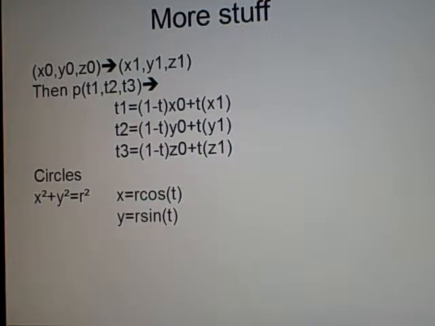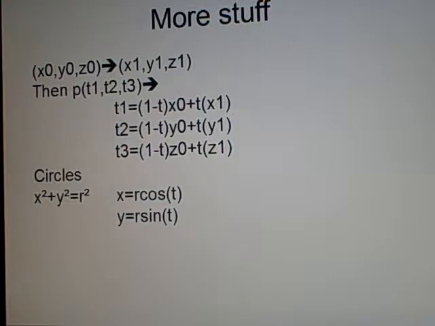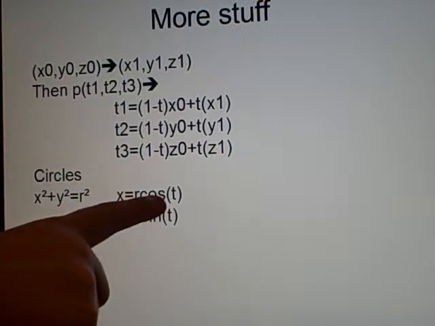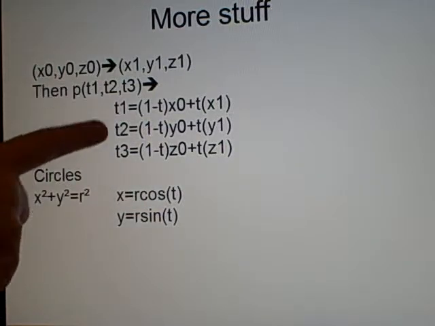For circles, you lay it out as x squared plus y squared equals r squared, where r is the radius, and for our parameterization we have p of t, where this is our x and this is our y, so where it says t1 you'd put that, t2 you'd put that.